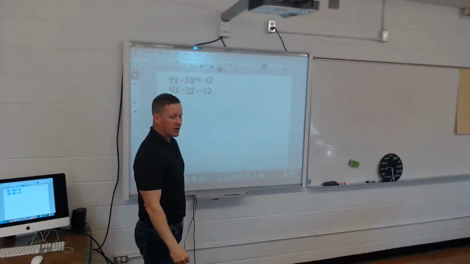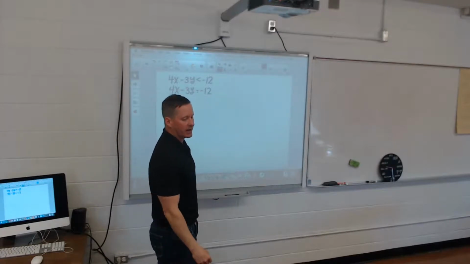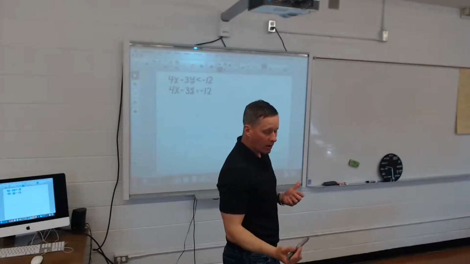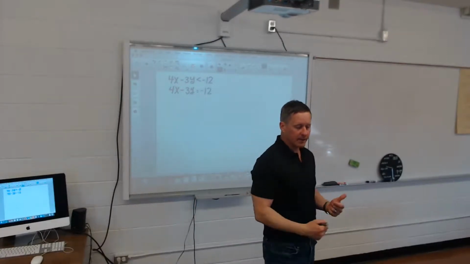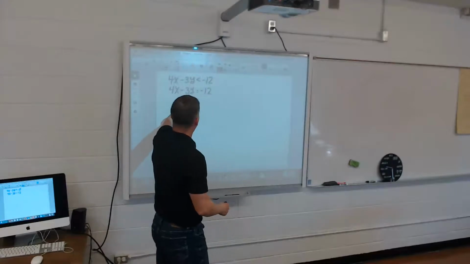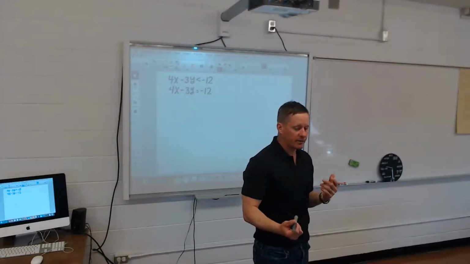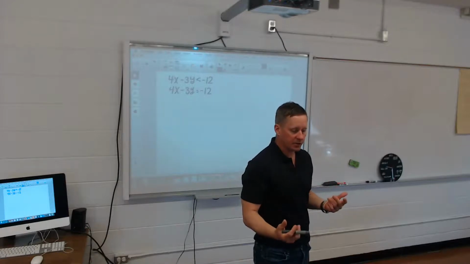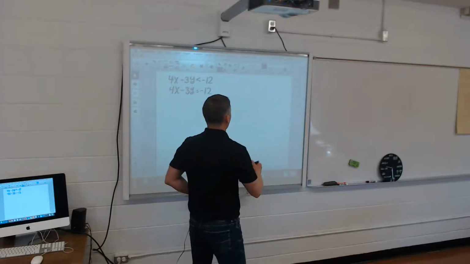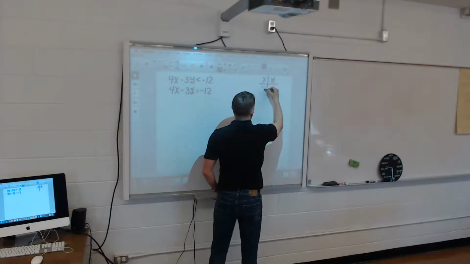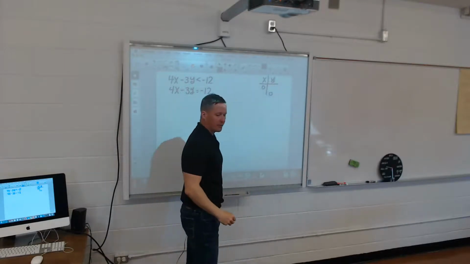I'm going to solve for y because I want to get it into y equals mx plus b. Or actually, this one works better because 4 and 3 divide evenly into 12. I can use a different method as well, my intercept method. So x, y: put 0 in for x and solve for y.